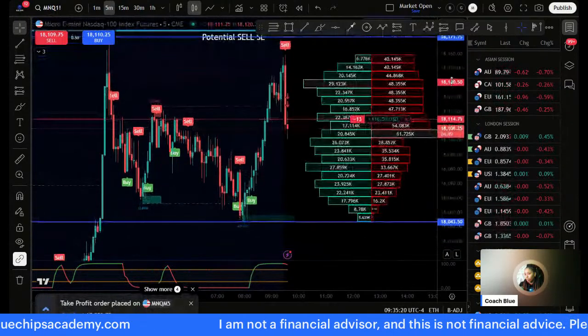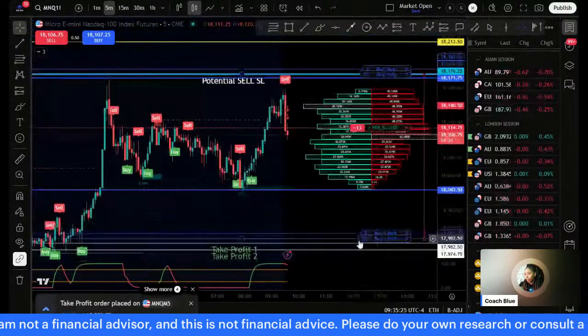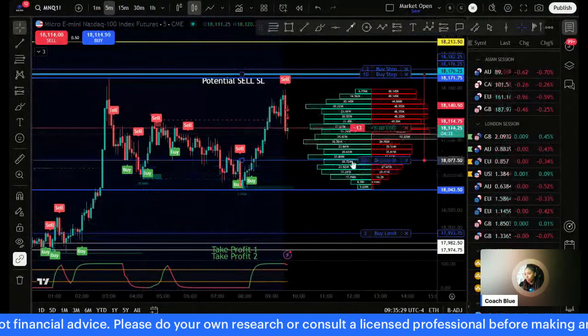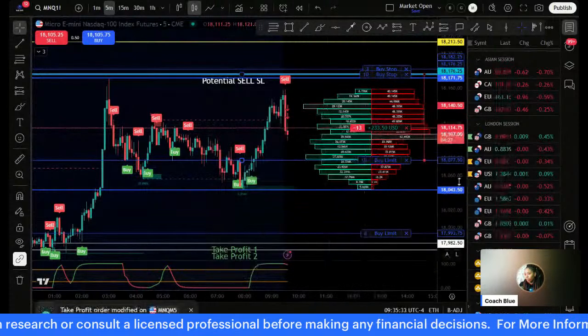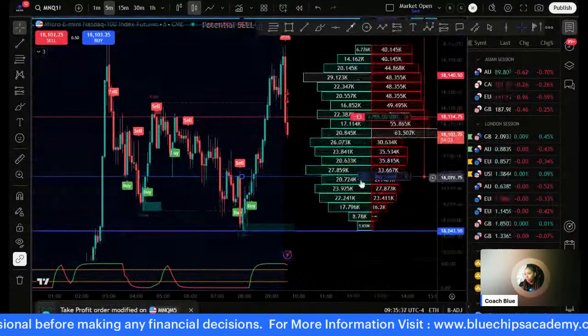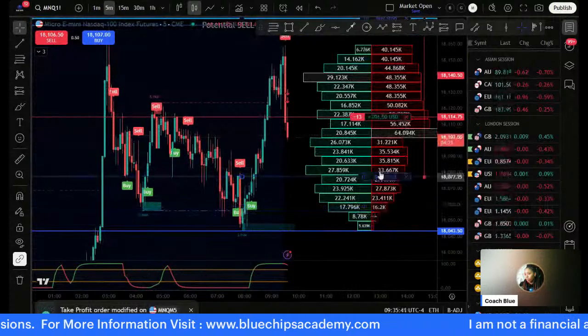Okay, so what I'm looking at for TP1 is going to be right, hold on, let me get it. Let me grab it. Hold on. TP1 is going to be right here.